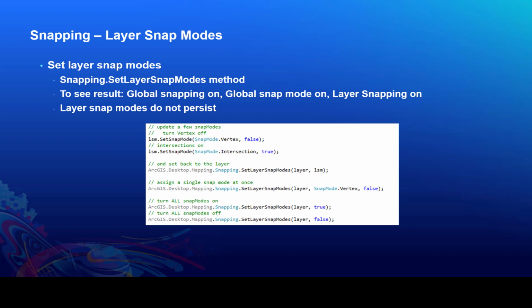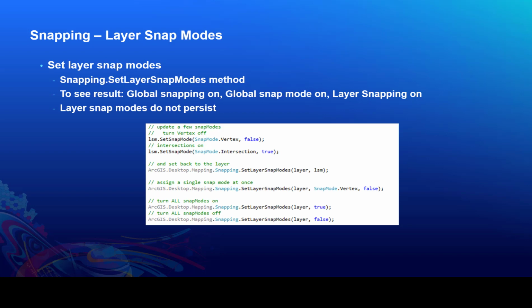And maybe I do want to snap to intersections, so I can say set snap mode intersections true. To set that back on the layer, I then use that method which you have on the screen there, set layer snap modes. Which layer we're dealing with, and give it the layer snap modes object that we previously retrieved. So you retrieve it from the layer, change the snap modes, and then you set it back on the layer.